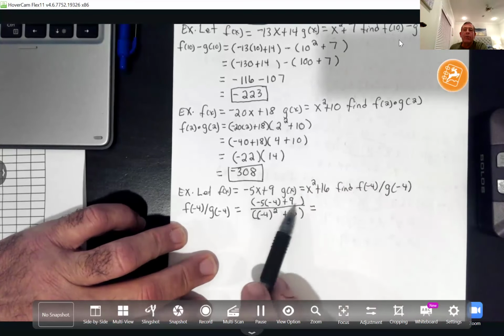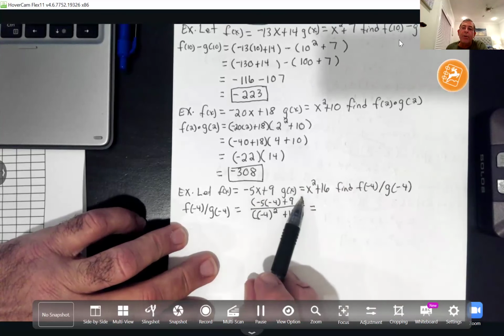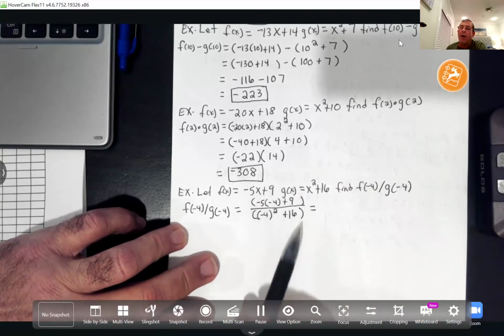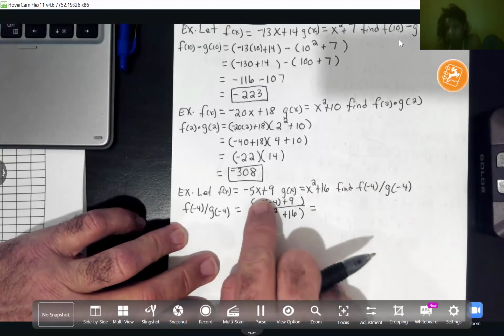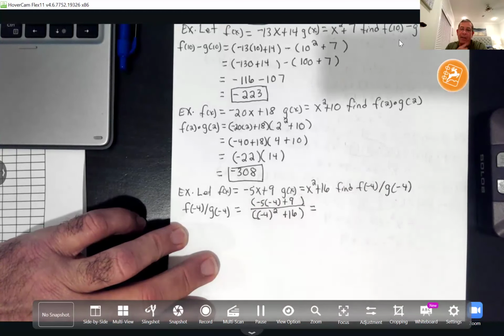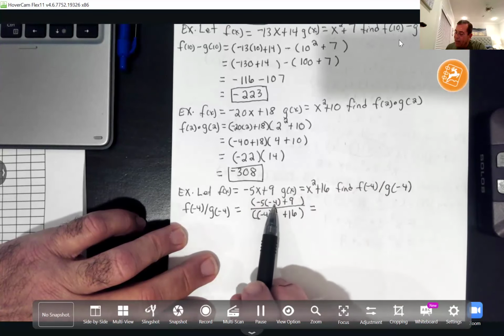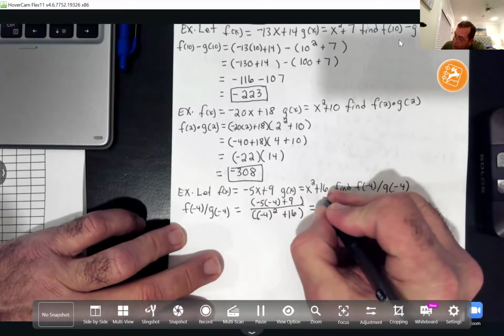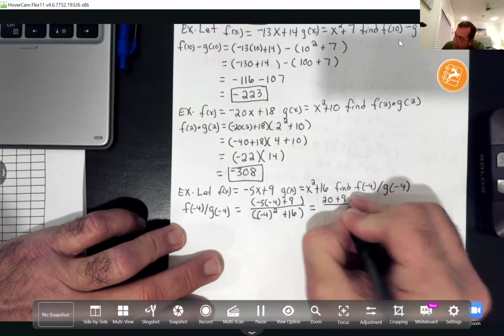All right, y'all. So the top, now if you put this on the calculator, you better put these parentheses around the top and bottom or you will get the wrong answer. Okay? You got to use the extra parentheses. All right, y'all. So on top, negative 5 times negative 4 will give me a 20 plus my 9.